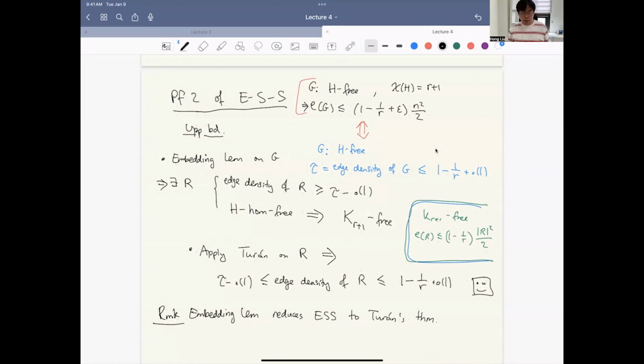a new subtopic in extremal graph theory, the so-called supersaturation phenomenon. Okay.